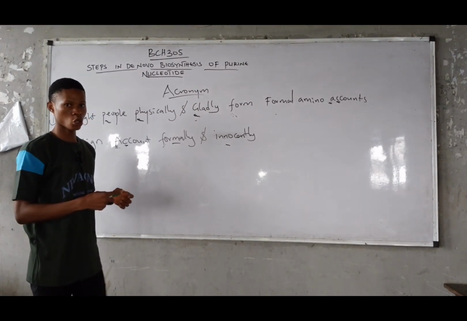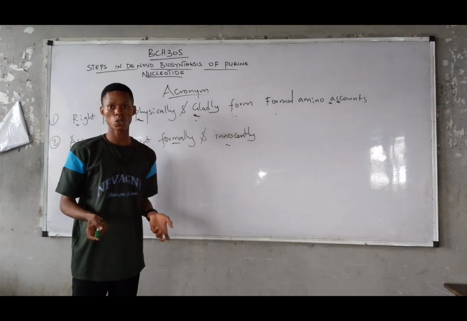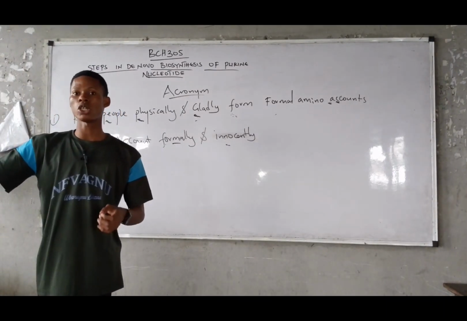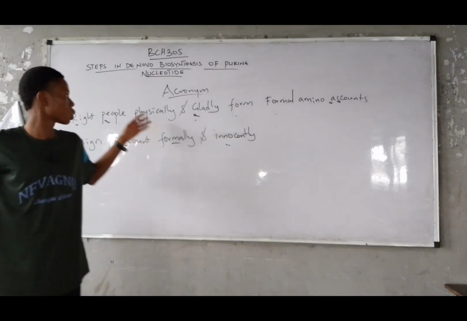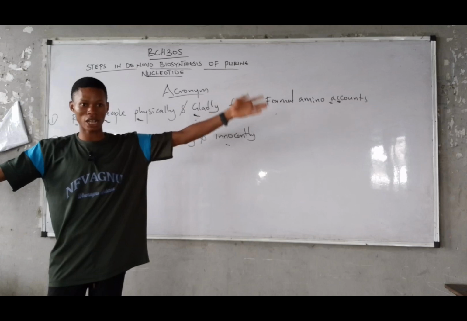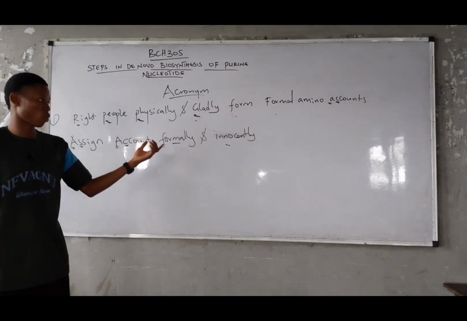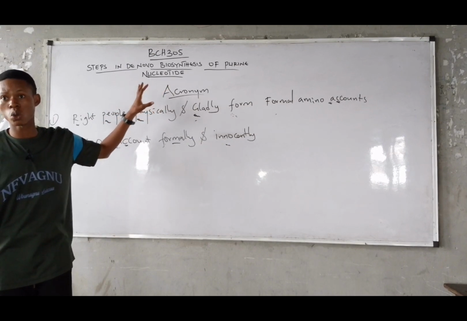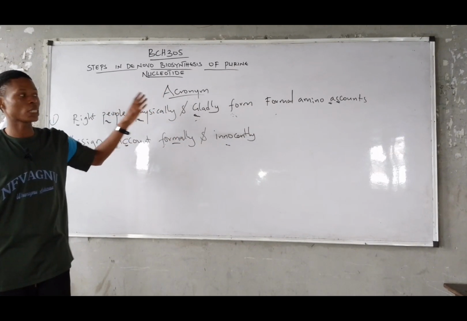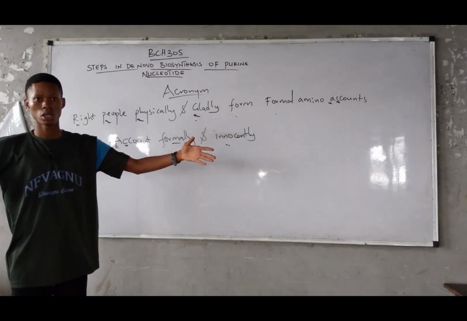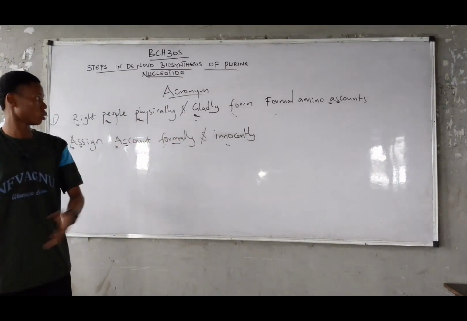Ring closes to form inosine monophosphate. So if you forget everything we've said today, don't forget that right people will physically and gladly form formal amino accounts, assign account formally and innocently. This one will be easy for you to cram. If you've crammed this, at least this will give you hints of what is going on. Alright, so that's that.